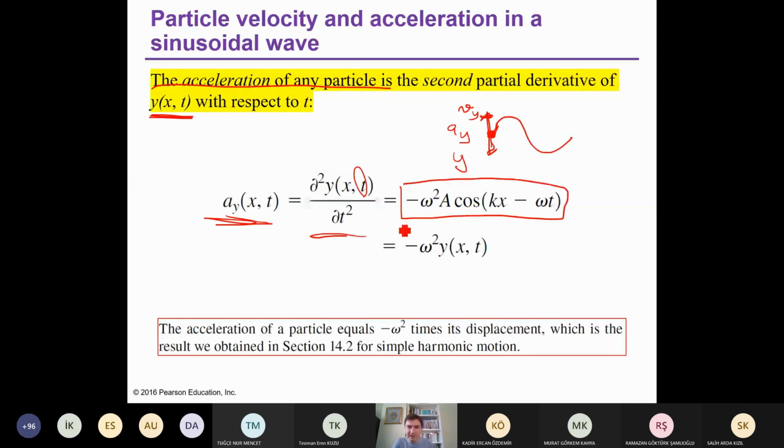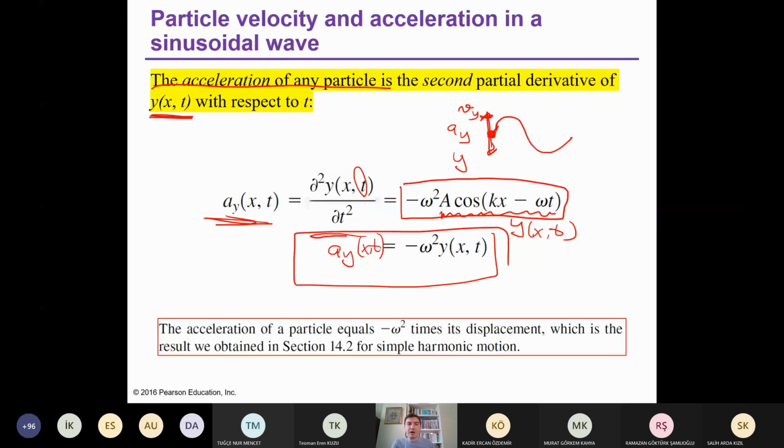So what do you see here? A cosine (kx − ωt). This is y(x,t), okay? And then I can write the y acceleration of the particle with this expression, okay?